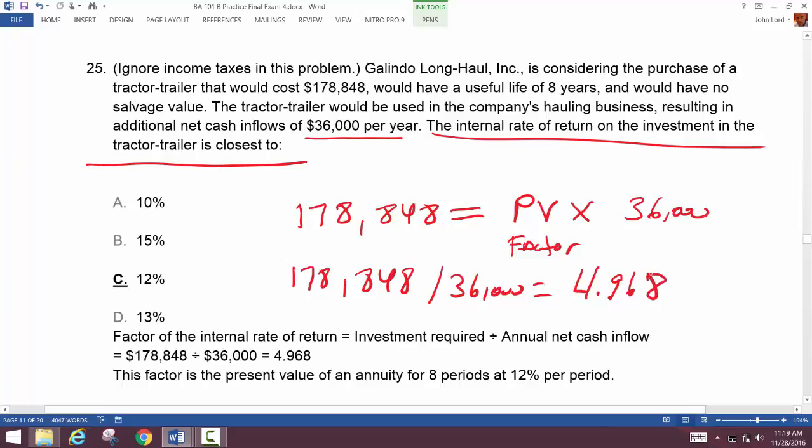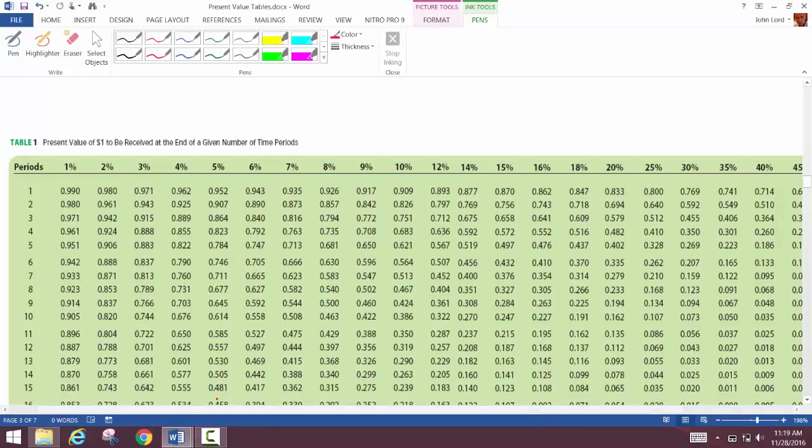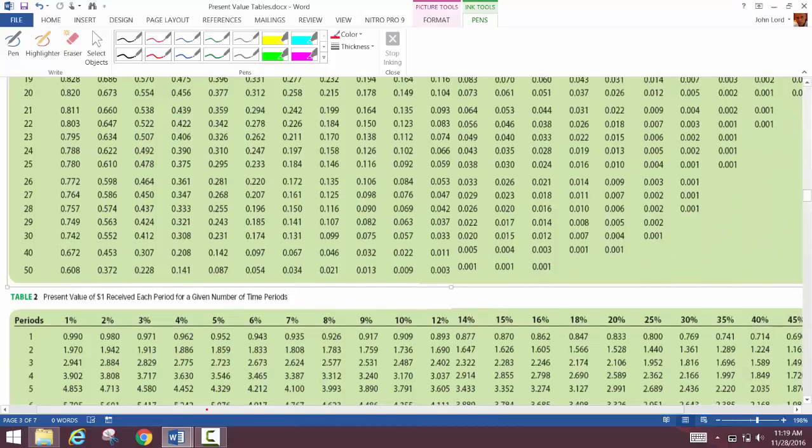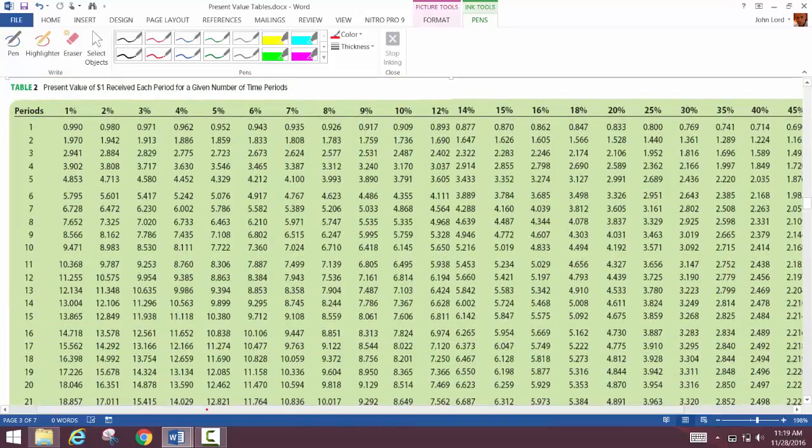Okay, so then I have to go back to the tables. And should I do present value of $1 or present value of an annuity? Present value of an annuity, good, because this is a stream of payments. And how many years did they say? 8 years on this thing.